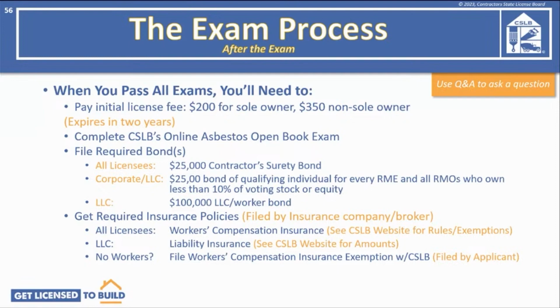If you've got employees, you'll need to get workers' compensation insurance. If you don't have employees, you must file a workers' compensation exemption with CSLB. You can also submit this online.